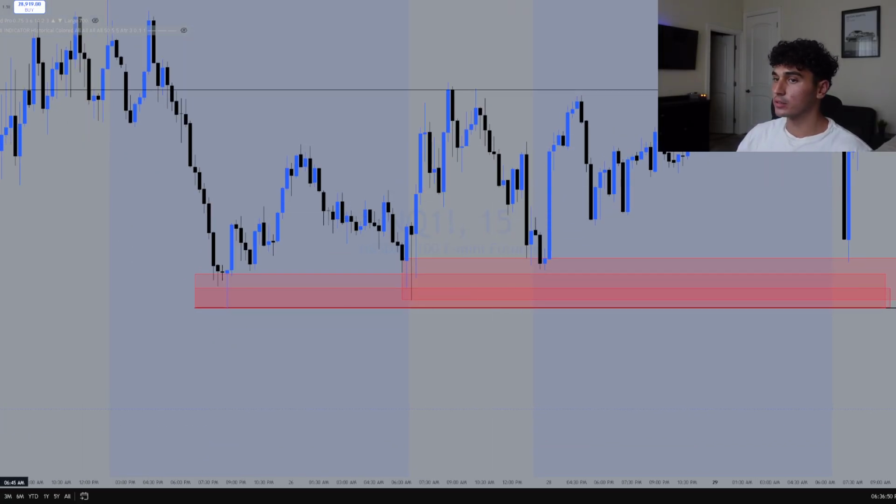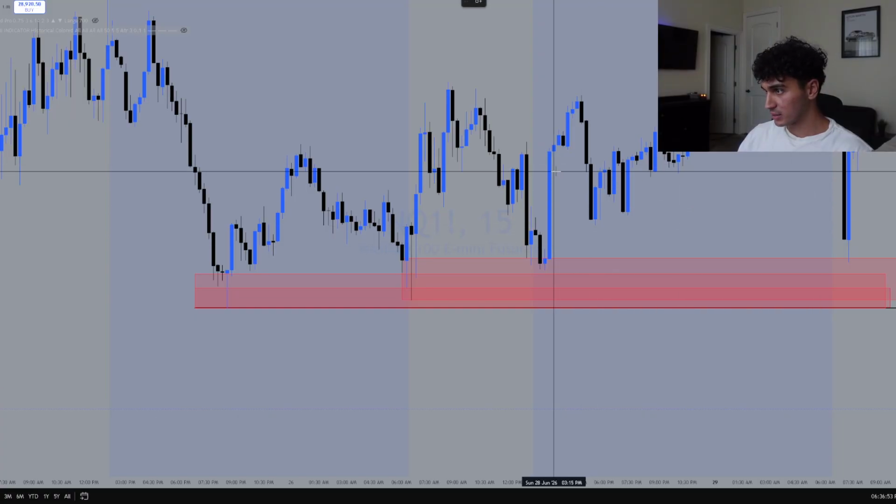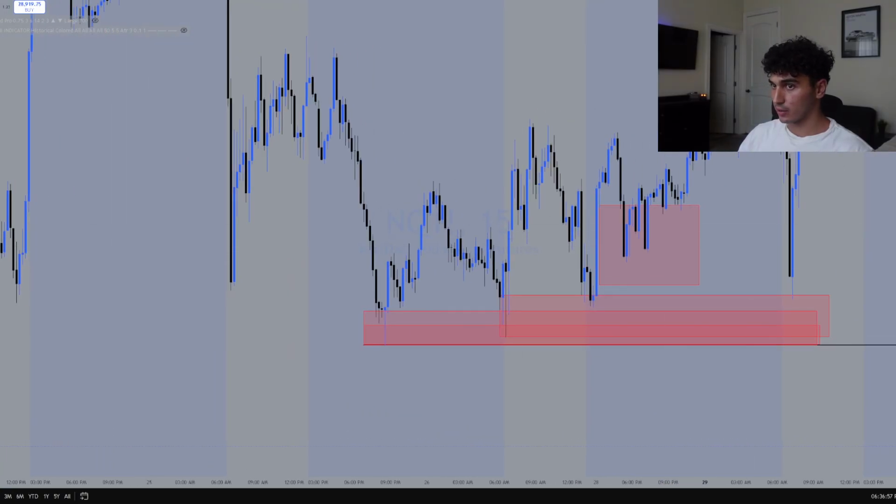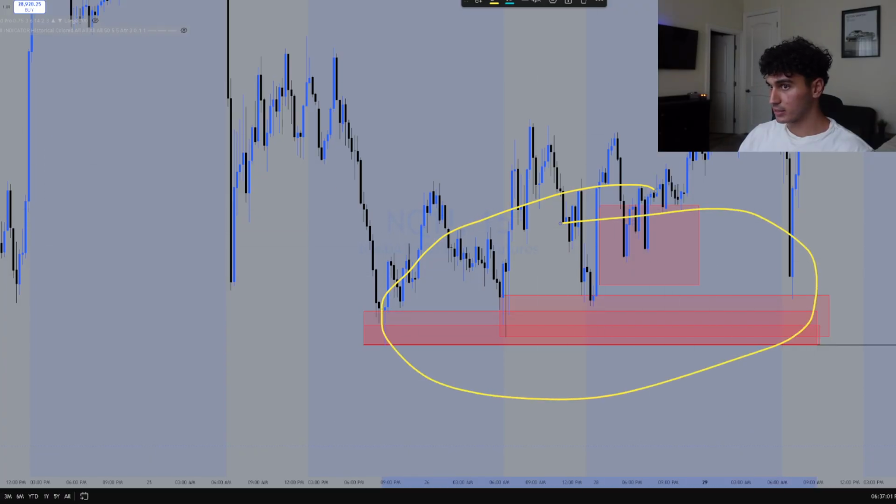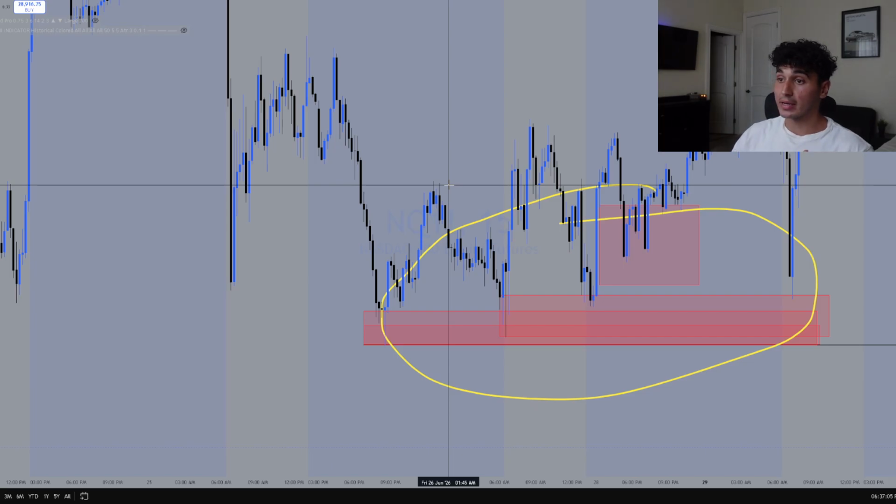So ultimately, we just know that, let's mark this out, we know that this price area as a whole, right, this price area as a whole is ultimately an area where we are anticipating buyers to step in heavier than usual.